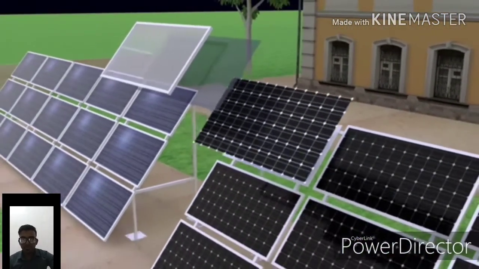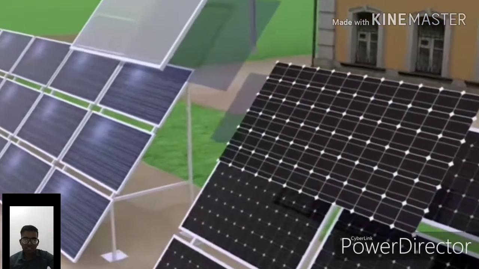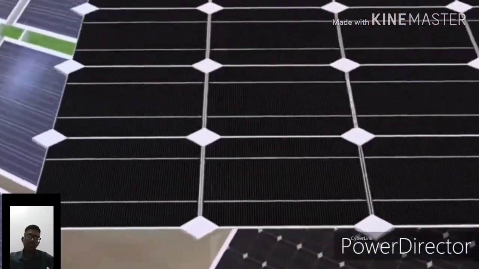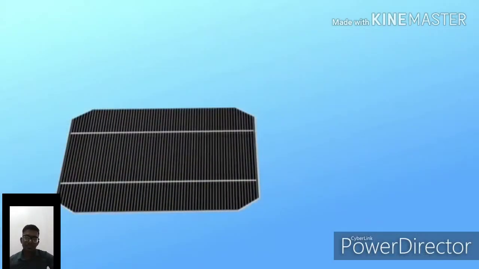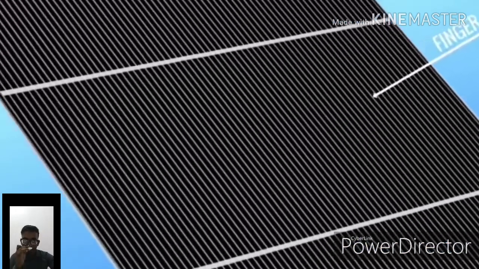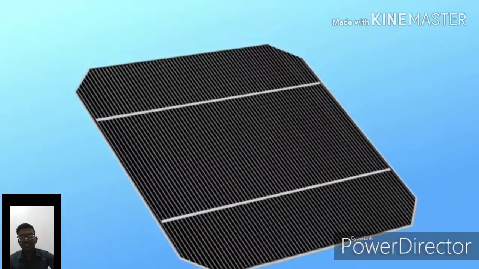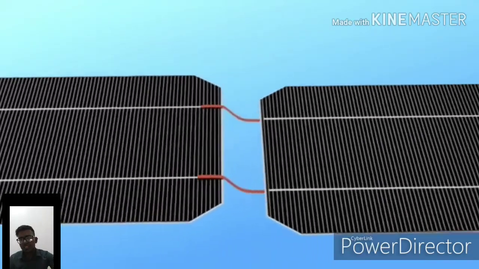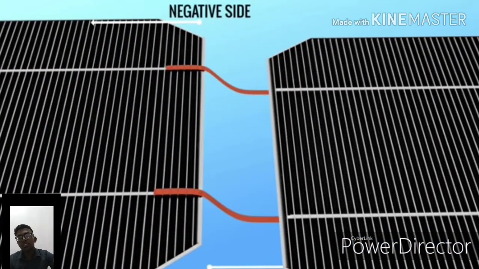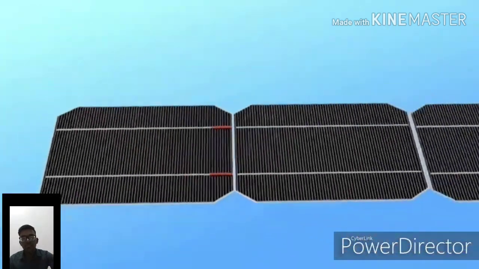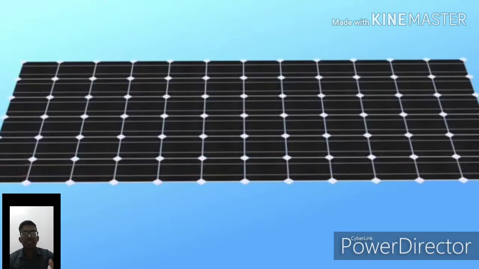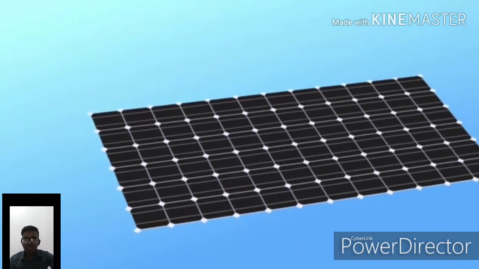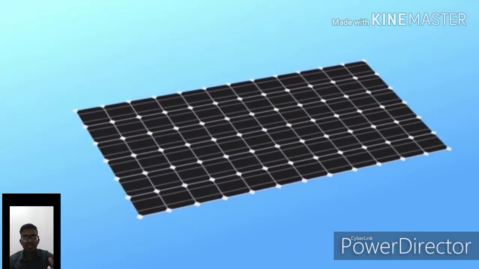A photovoltaic cell has different layers. The negative side is connected to the back side of the next cell through a copper strip, and it forms a series connection, and parallel to another cell similarly, to form a solar panel.